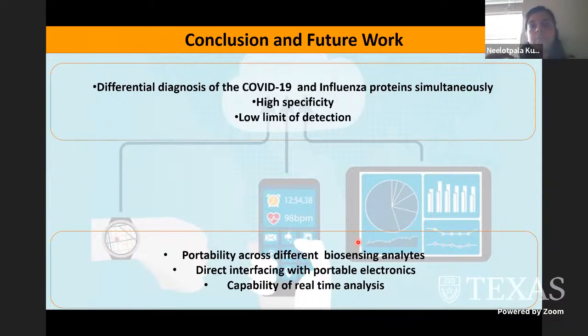In future, this kind of device is very versatile, and it can be multi-purpose. It can be repurposed with any antibodies that we want to work with. Right now, since COVID is the top problem, we are using it for COVID, but you could use it for any other detection like ferritin detection.